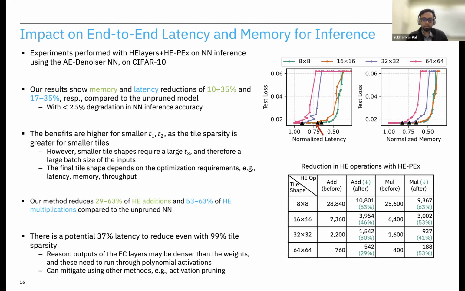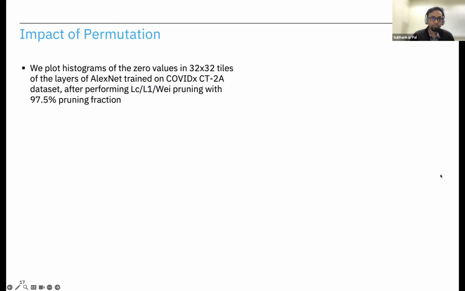It turns out that if you do matrix multiplication with two sparse tensors, the result may be denser than the individual tensors that are used. And these denser results still need to pass through the polynomial activation functions, which we are not reducing. Because we are not doing activation pruning, we are not affecting the polynomial activations. For that, we need to also consider polynomial activations, which we did not do in this work. So that's just a side note from our results.